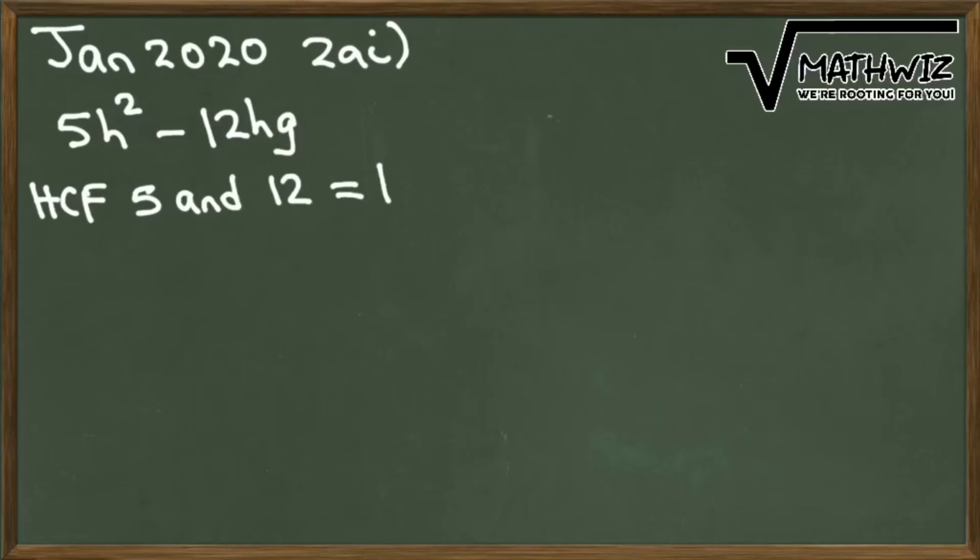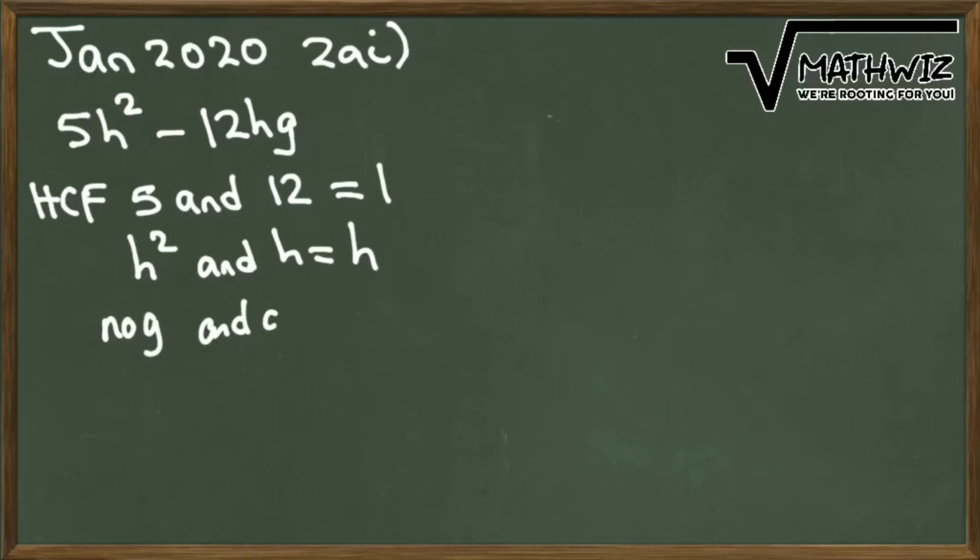And for those persons who are having a problem with identifying the highest common factor, you can go ahead and, as we said, watch that video. The highest common factor for h squared and h is going to be h, and then we have no g's and a g, but since it's not common to both, there will be no g's on the outside.